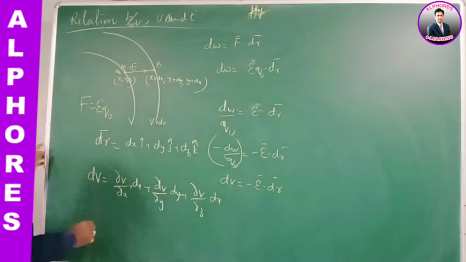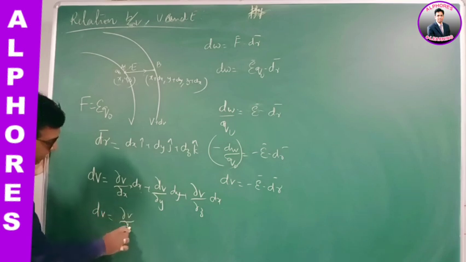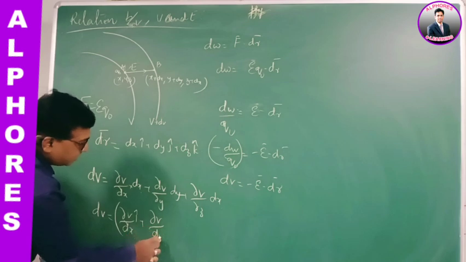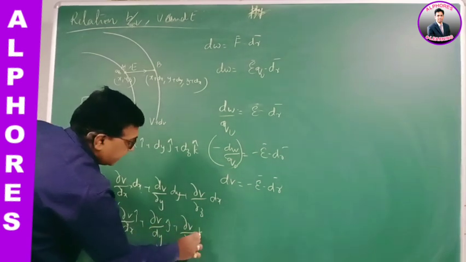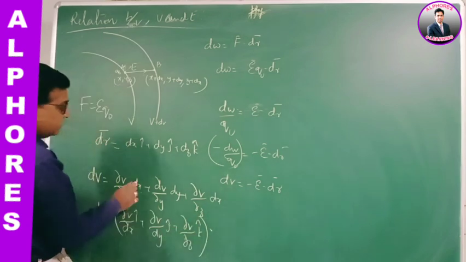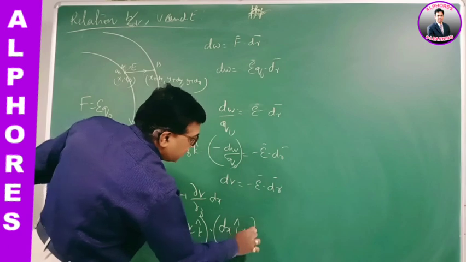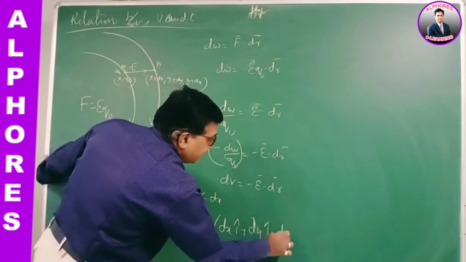Splitting this into vector form, dV is dou V by dou x i cap plus dou V by dou y j cap plus dou V by dou z k cap, dot dx i cap plus dy j cap plus dz k cap.